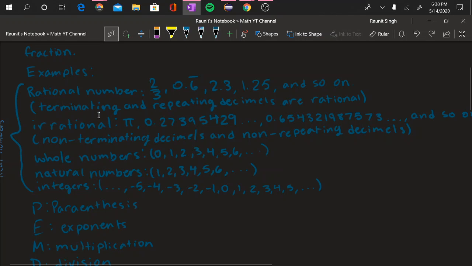Some examples of an irrational number are pi, 0.273954..., and 0.65432198757.3... Okay, we can observe from these 3 examples that a non-terminating, non-repeating decimal makes a number irrational.